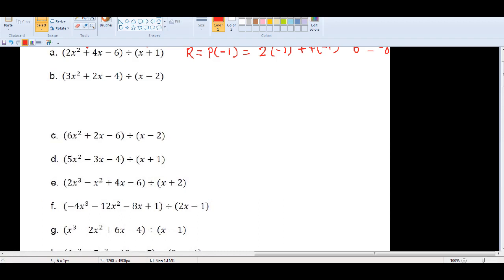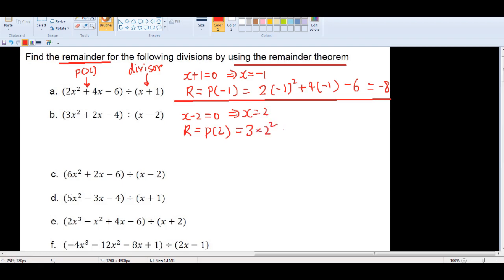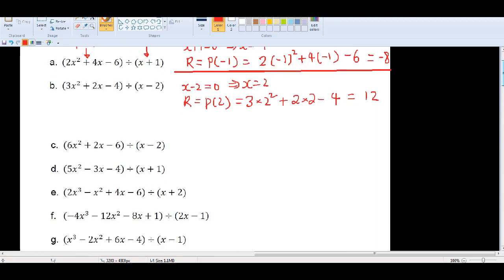For the second one, p(x), first you need to find the value of x. x equals 2. Then the remainder will be p(2), 3 times 2 squared plus 2 times 2 minus 4. So that will give you 12. That means the remainder will be 12.